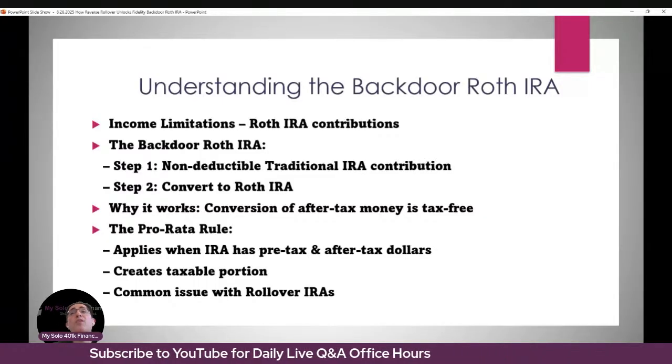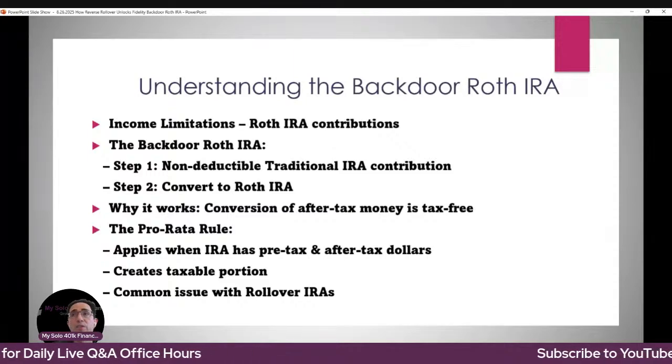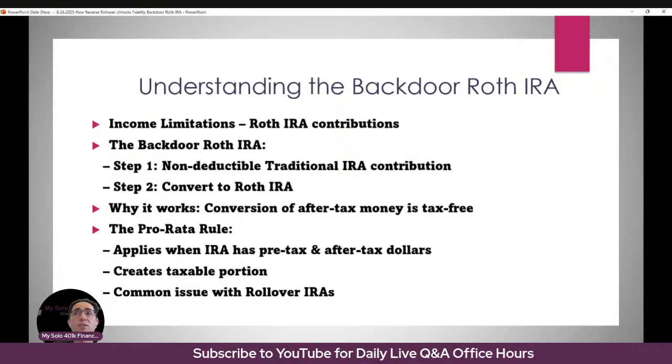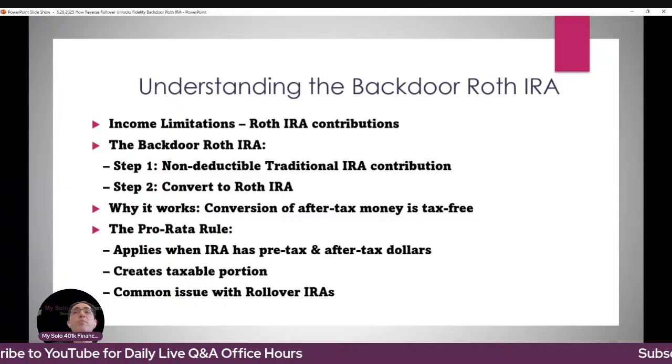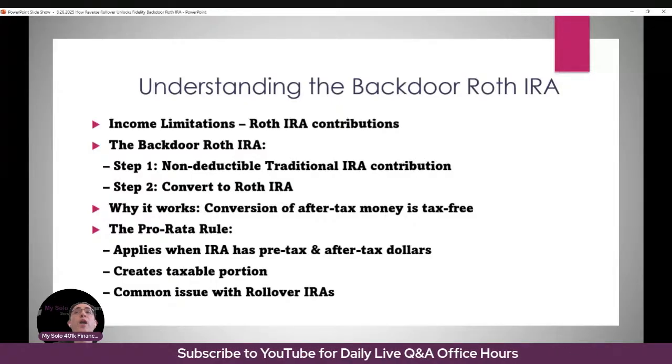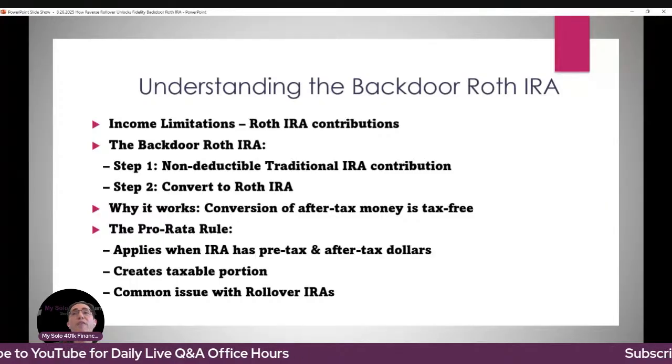The way that they apply to an IRA is they look across all your IRA account balances. And if you have pre-tax money in your IRA, and then you make an after-tax non-deductible contribution, step one, when you get to step two to transfer those funds over to the Roth IRA, under those pro-rata rules, you have to take a pro-rata portion of the pre-tax money as well as the after-tax money.